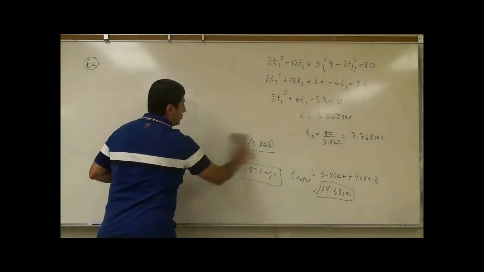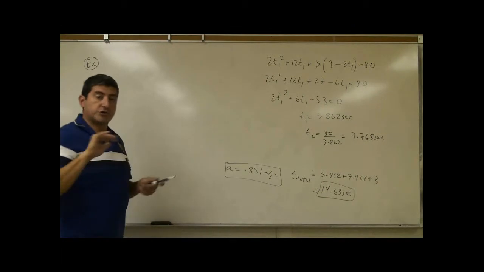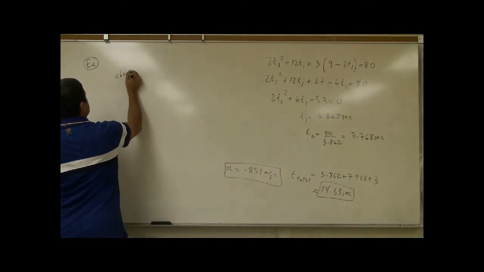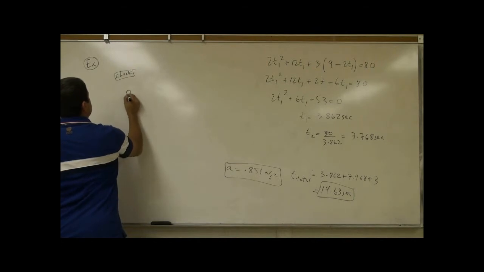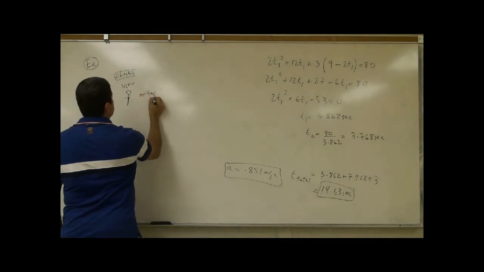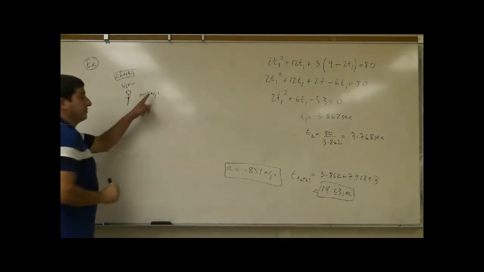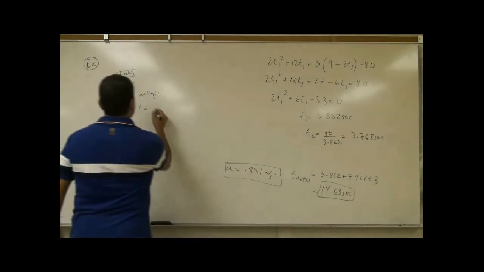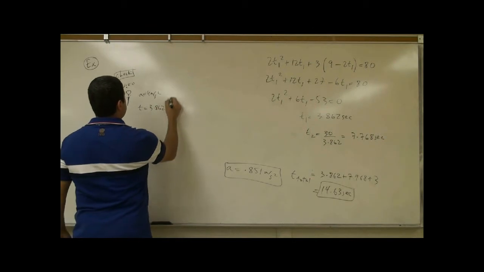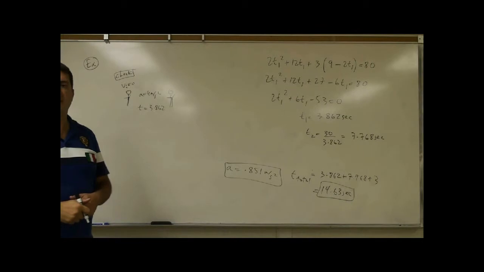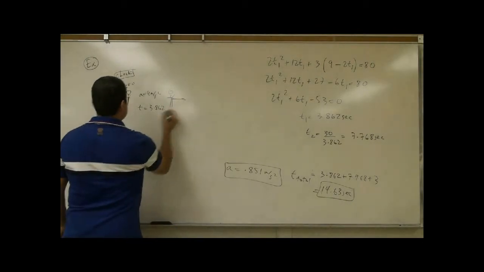Let's see if we work backwards, whether or not our answers will work out. So this is a quick check. If the runner starts out with initial velocity 0, accelerates at 4 meters per second squared for a time of 3.862 seconds, what is his final velocity going to be at the end of that?